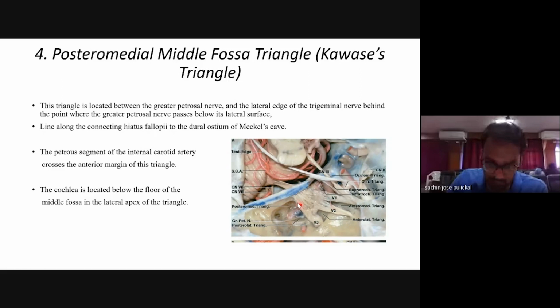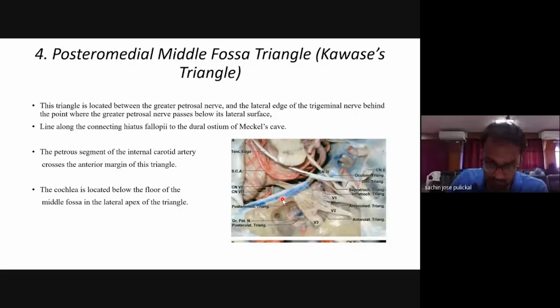There is a safe area in Kawase's triangle, with no important structures in the Kawase's triangle.